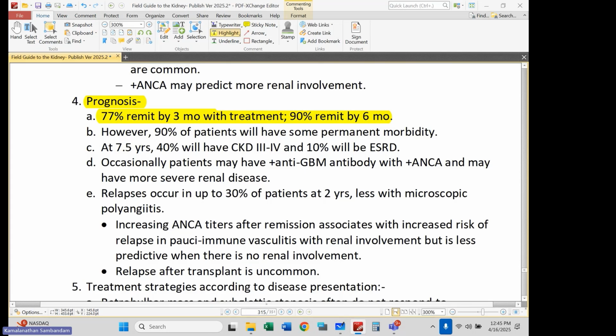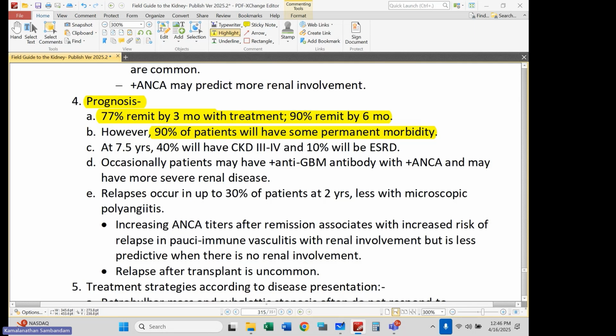Okay. However, even though we are able to achieve remission, there's still a lot of morbidity that occurs, with either CKD, persistent CKD, or, especially these patients who have cartilaginous involvement by GPA. Some of these patients have persistent tracheal stenosis. Some of them require a trach because they're not able to have their trachea reconstructed, and the damage is permanent.